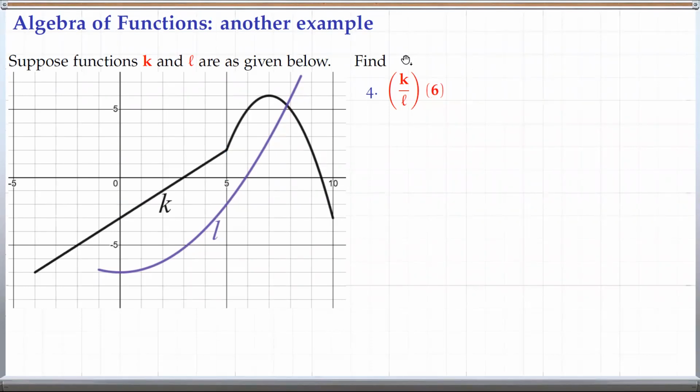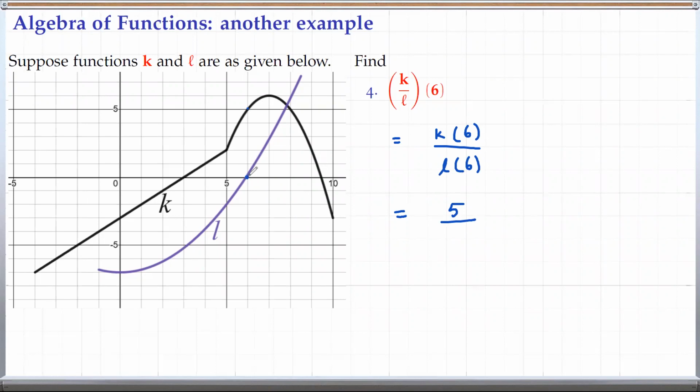Next, we want to find k by L at 6. So let's quickly do that also. So this is k at 6 over L at 6. So k at 6 is 5 and L at 6 looks like a 0.